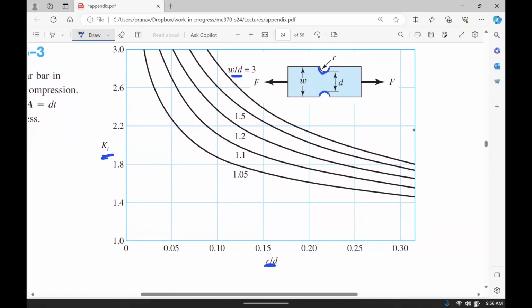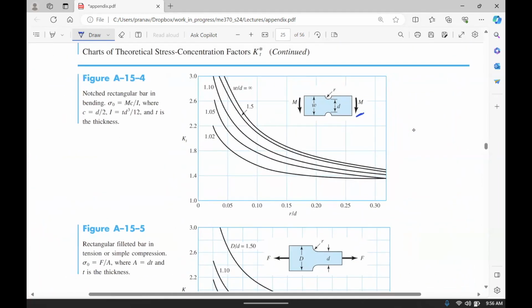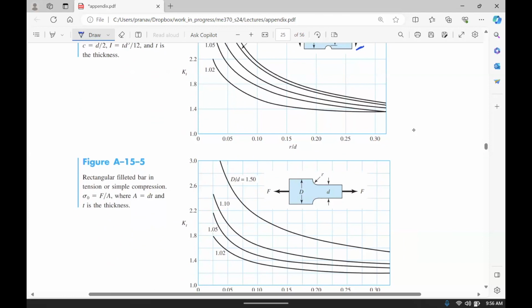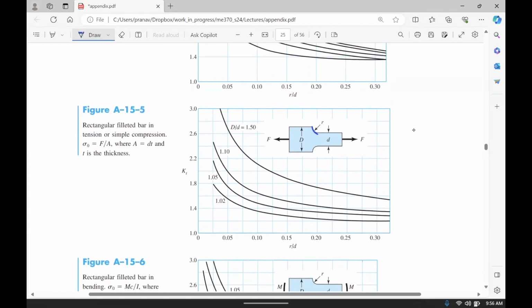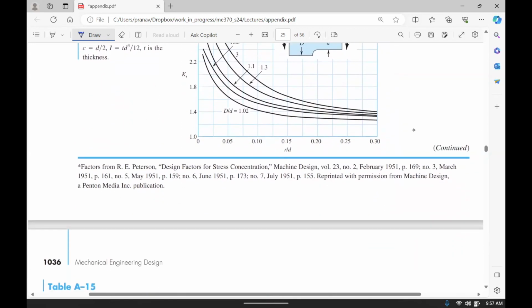So you need two non-dimensional numbers to figure this out. We can keep going. That's the same geometry, but due to M. Here is a different geometry. Here it depends on two numbers, the fillet R divided by D and the ratio of capital D divided by small d. Based on that, you have KT for bending moment.